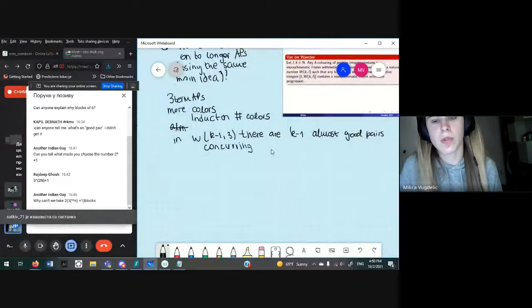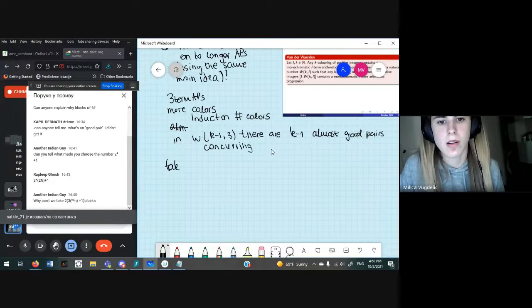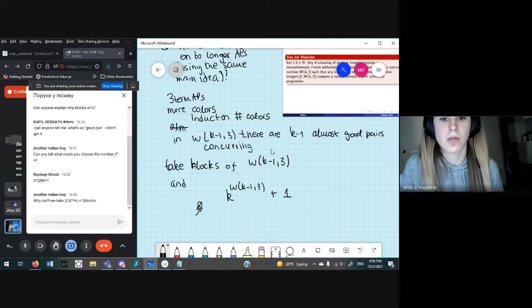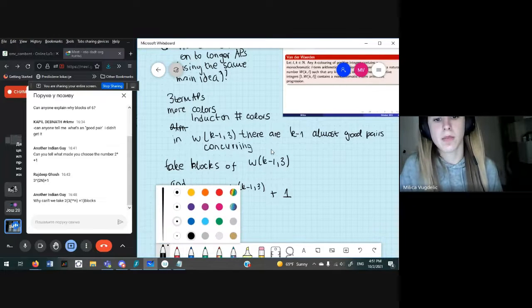So we would do again, take blocks. And first more colors. So take first K to the V, K minus 1 plus 1, and then the next bullet points.